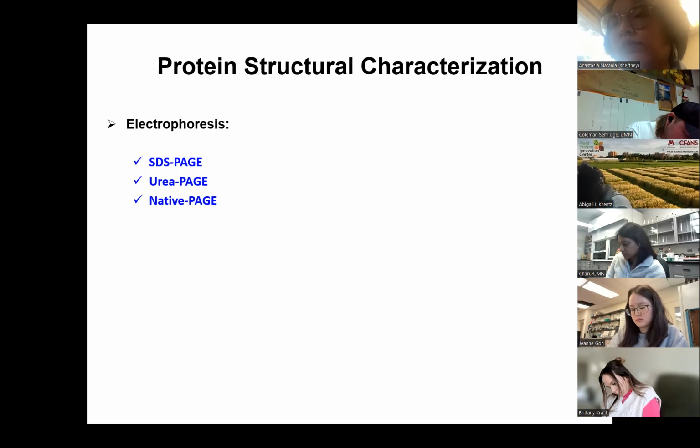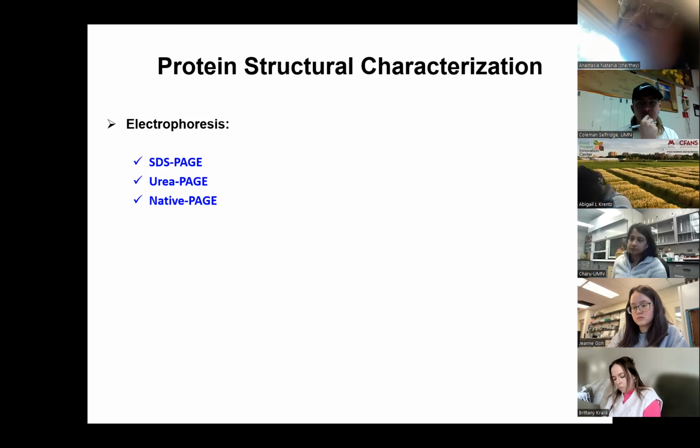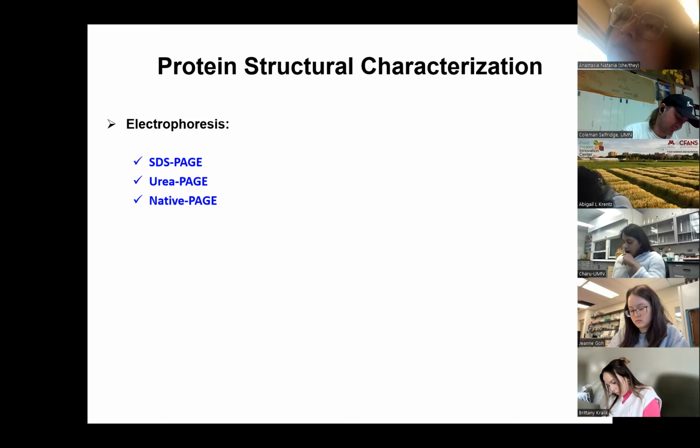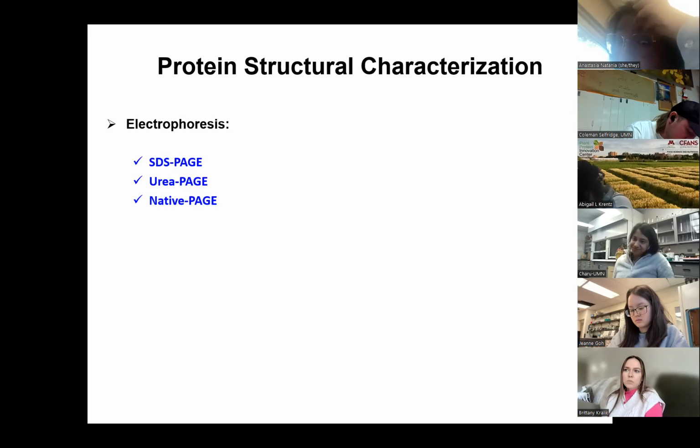Most of you use gradient gels in the lab, maybe 4 to 20% is the common one we use. That allows you to separate proteins of different molecular weights, so that the large proteins can also move down the gel.